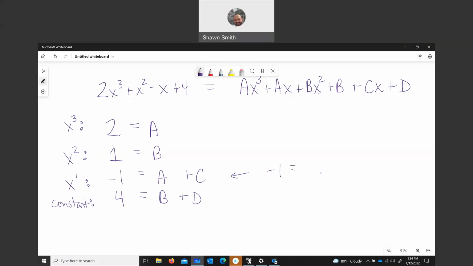So negative 1 is equal to 2 plus c. Subtract off 2, c is negative 3. B is 1. So 4 is equal to 1 plus d. So d is equal to 3. So we've got a, b, c, and d solved.